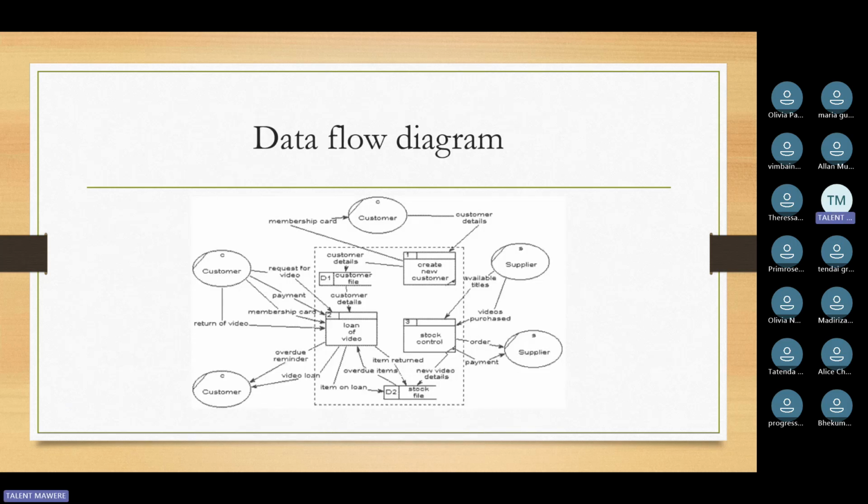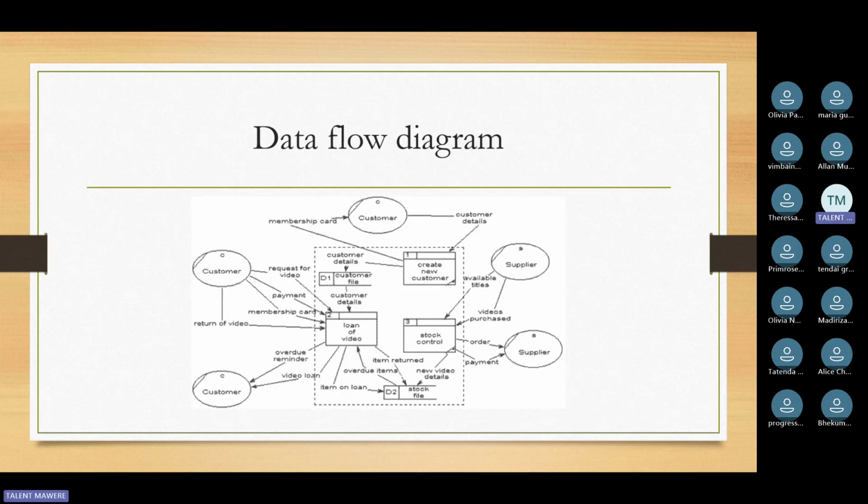This diagram here is a simple illustration of a data flow diagram with very little detail. In this data flow diagram, I have put separate entities.